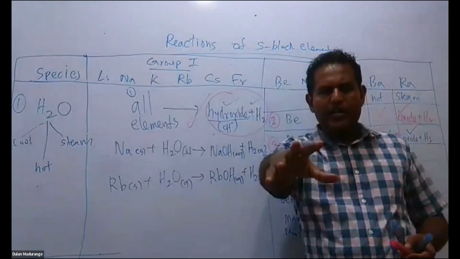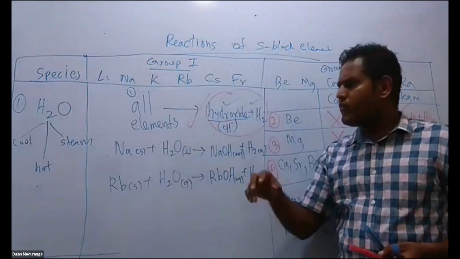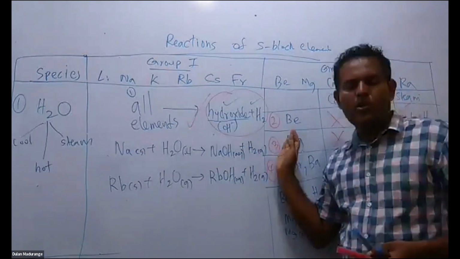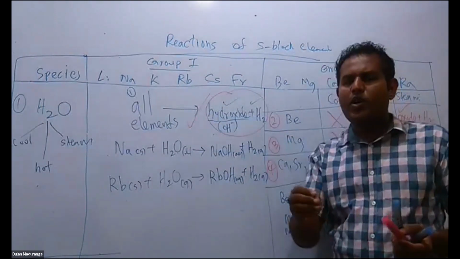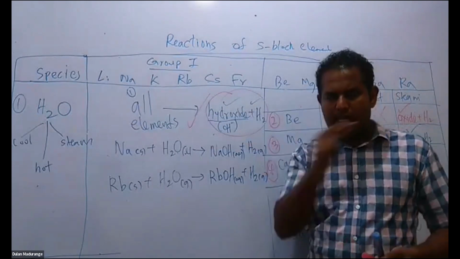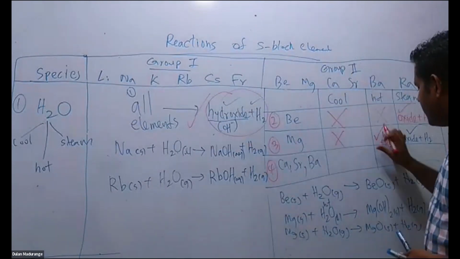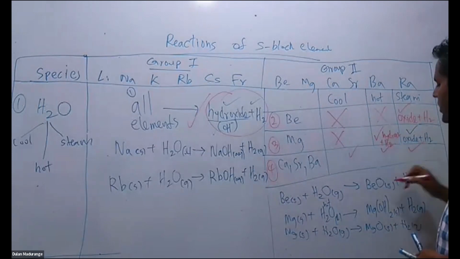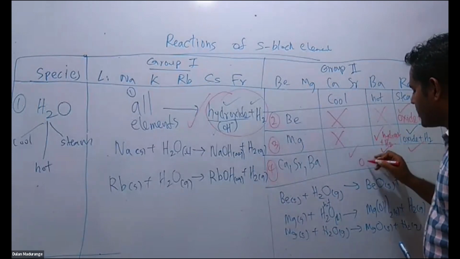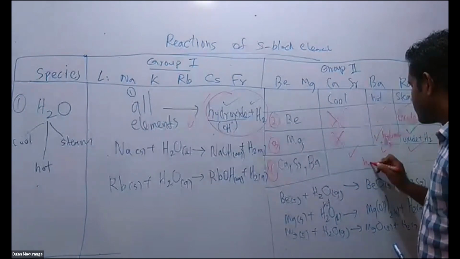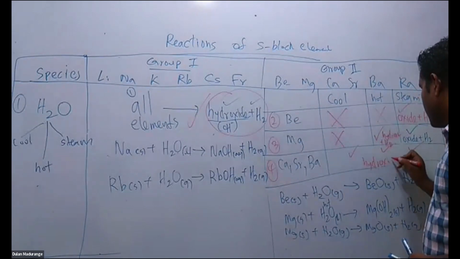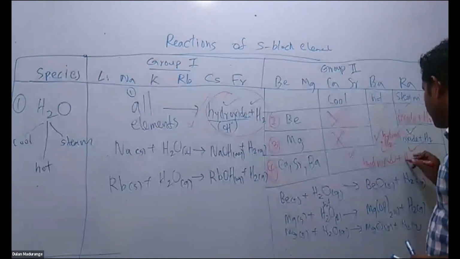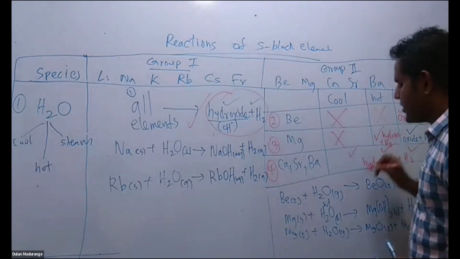What is the group 1 trend? All elements will react with water to form hydroxide plus H2. So here, you should say all species will react with all the forms of water and form hydroxide plus H2.